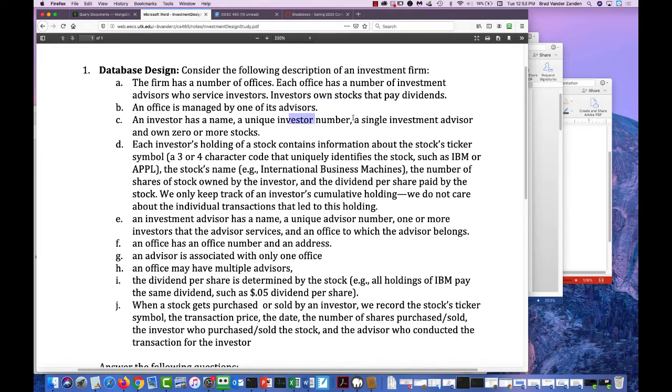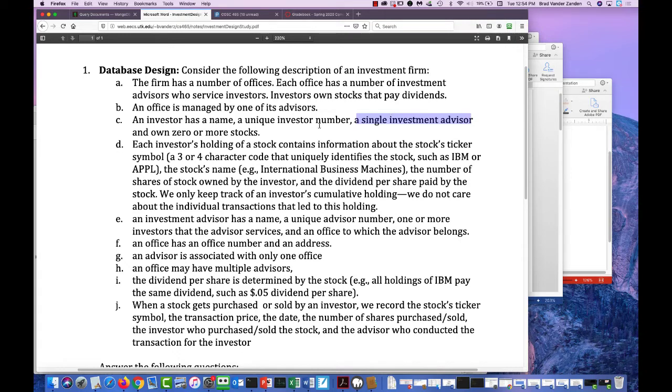A single investment advisor. What kind of attribute? Remember I gave you 3 last time. Descriptive, identifying, and I think I called the third a foreign key attribute or a referencing attribute. This is a foreign key or referencing attribute. Okay, it's referencing an advisor. Certainly, again, looks like a relationship.